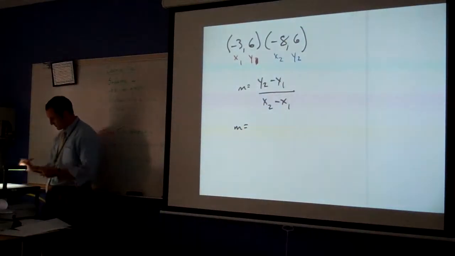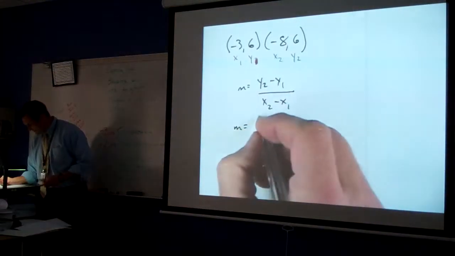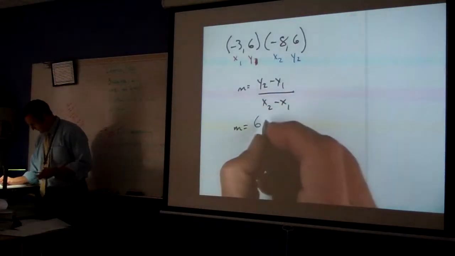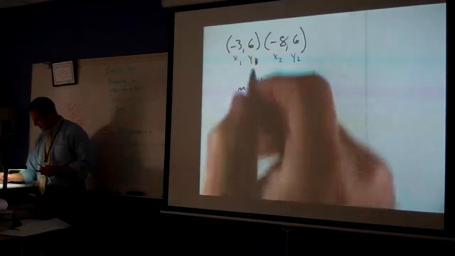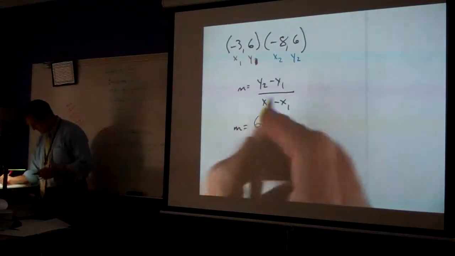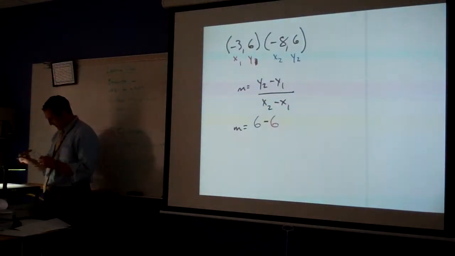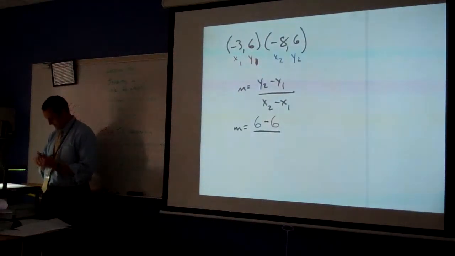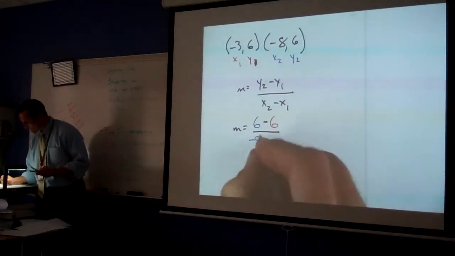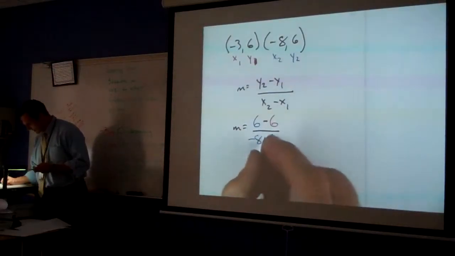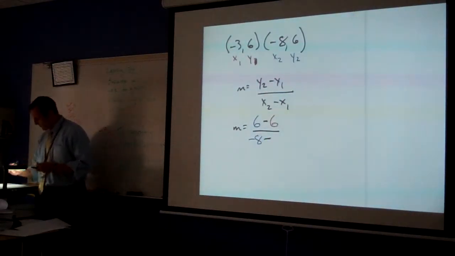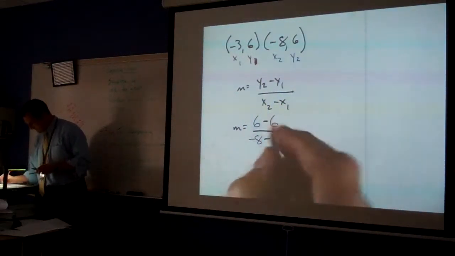Slope is equal to y2, in this case 6. The minus sign comes from the formula. y1 in this case is also 6, over x2, in this case -8. The minus sign comes from the formula. x1 is -3.